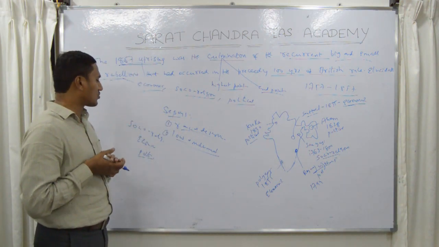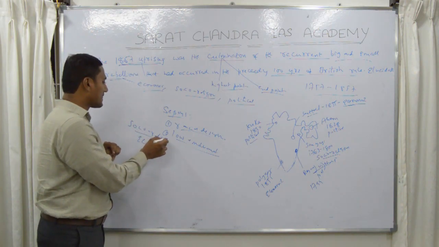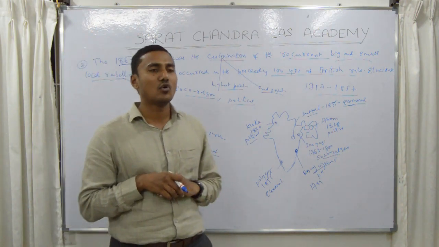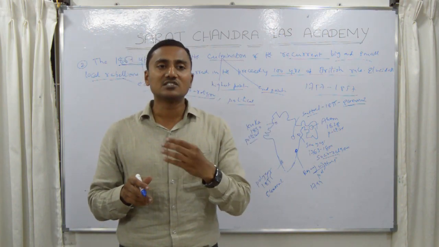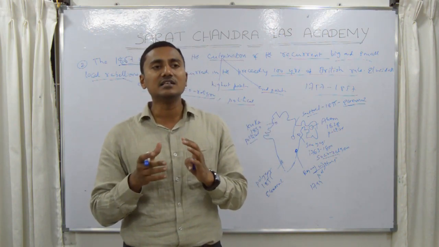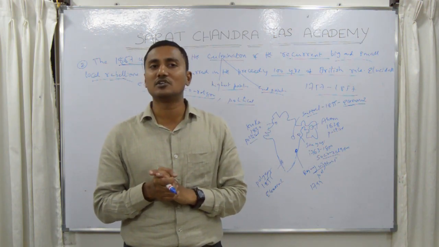Similarly, socio-religious causes. As mentioned, some of the reforms taken by the British, like the Widow Remarriage Act, abolition of sati, or maybe the actions of some of the Christian missionaries, all these acted against the sentiments of the Indians.